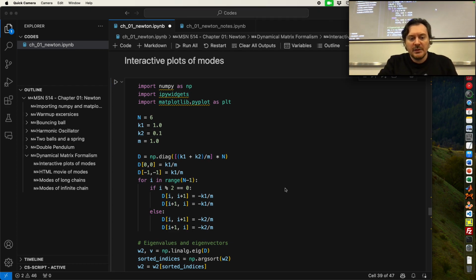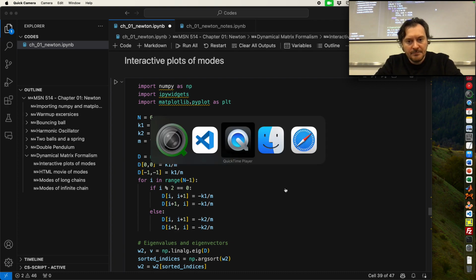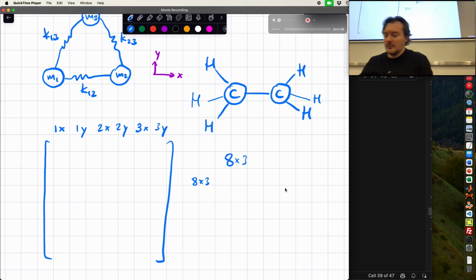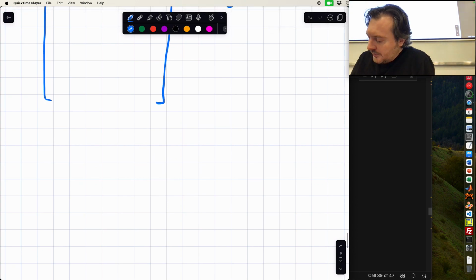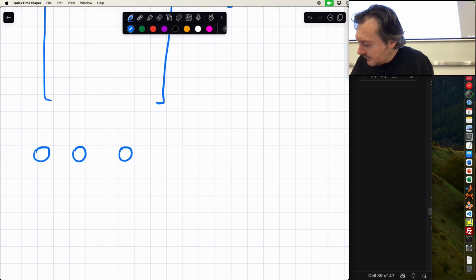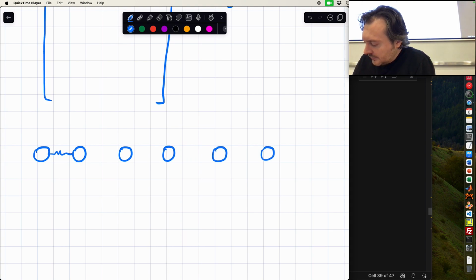So let me tell you what I mean by that. What if you have a system that has, let's say, 6 atoms, and it has K1 here, K2 here, K1 here, K2 here, and so on.